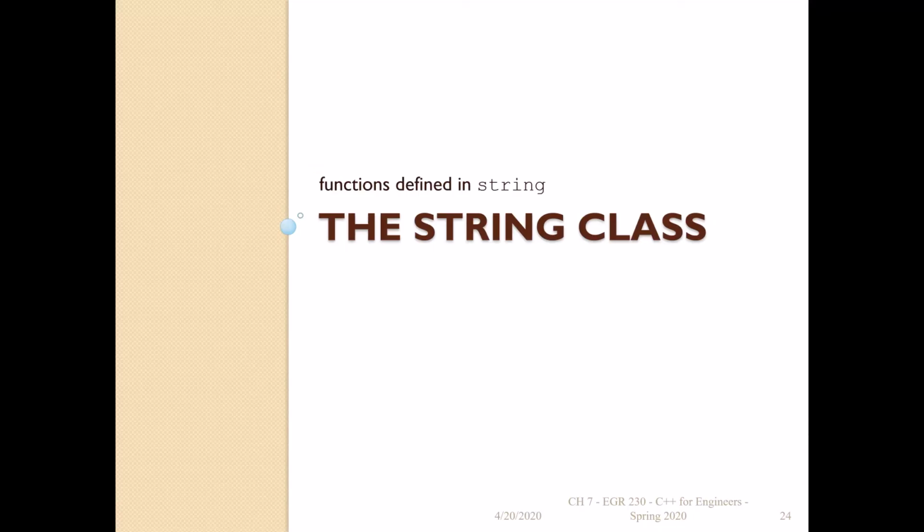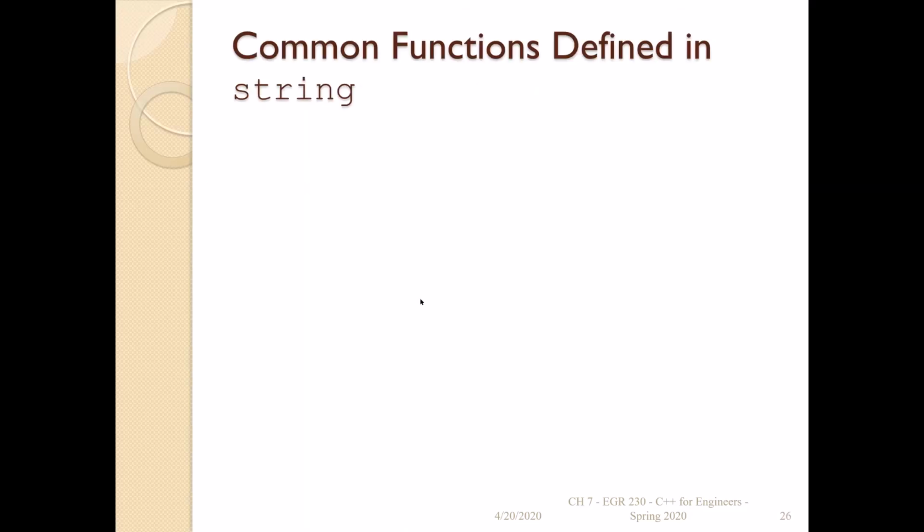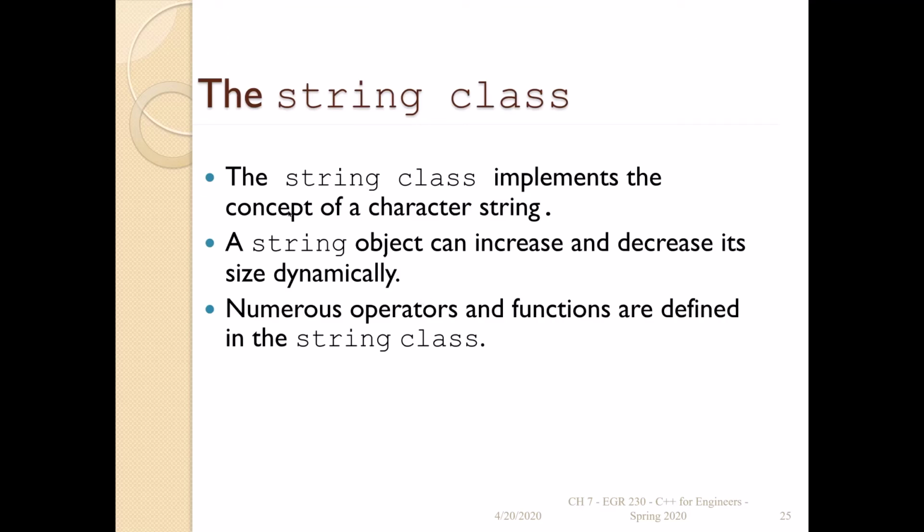Okay, so the next thing we'll look at is the string class. And for the string class we'll also need the string include. So we've got to put the string include in this one. And this is using C++ style strings, okay? It's a so-called implementation of this concept of a character string.